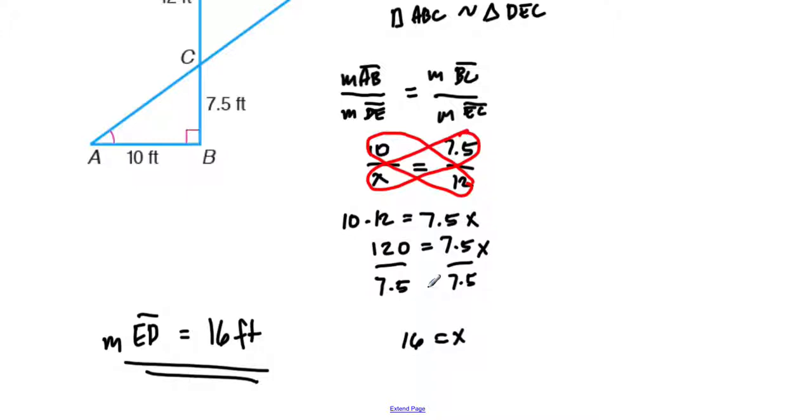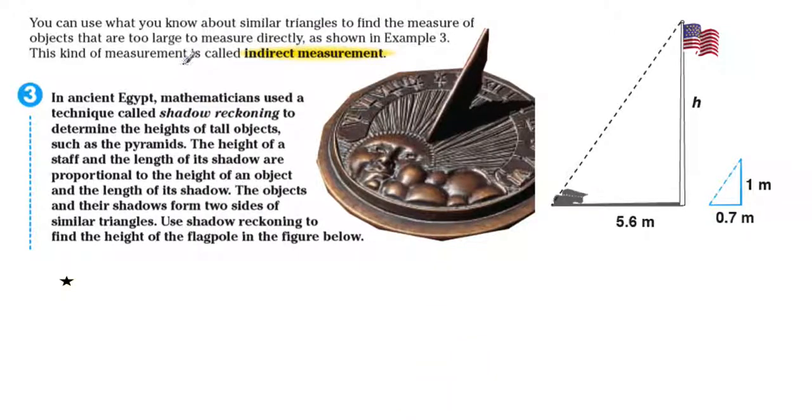And we can also use indirect measurement to do this for similar triangles. What does that mean? You can use what you know about similar triangles to find the measure of objects that are too large to measure directly, as shown in example 3. This kind of measurement is called indirect measurement. Let's take a look at example number 3.